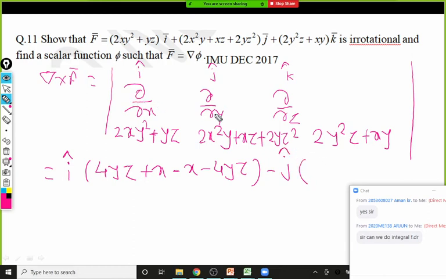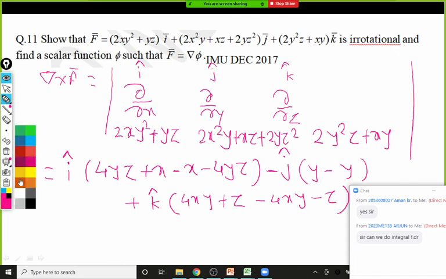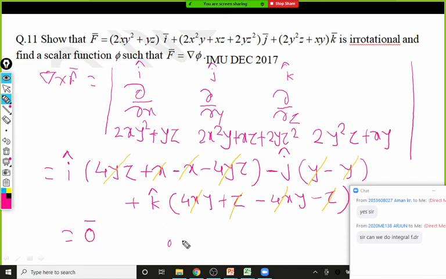Minus j cap, now F3 with x is y, and F1 with z is y, so y minus y. Plus k cap into derivative of F2 with x, it is 4xy plus z, then minus 4xy minus z. All these terms get cancelled, and we get the required answer as 0 bar. Therefore f bar is irrotational.